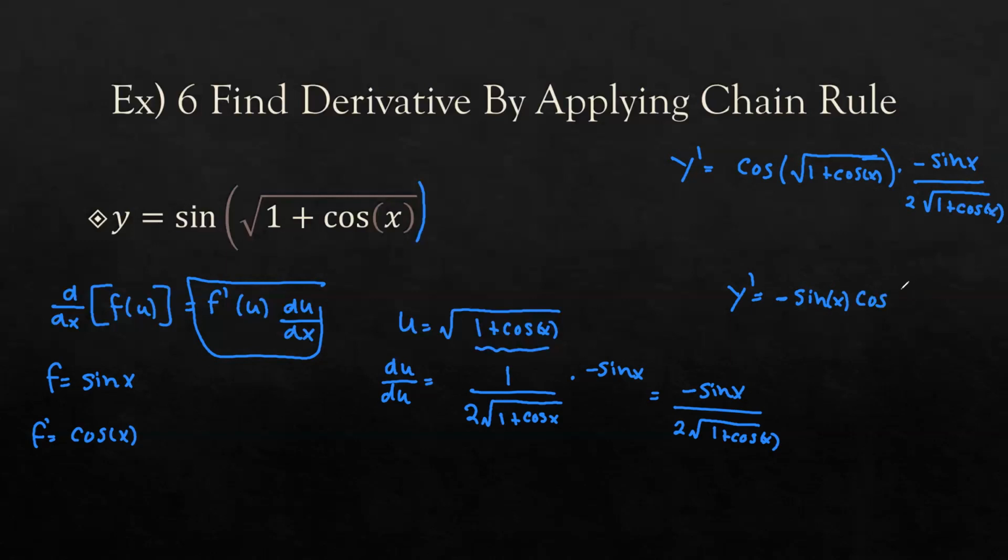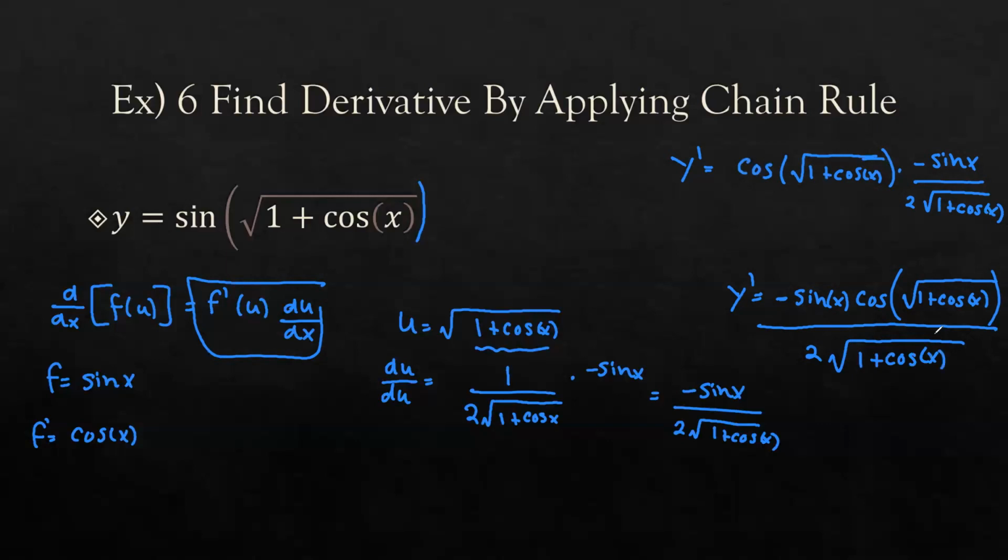So your final answer will be y prime equals negative sine x cosine, parentheses, square root of 1 plus cosine of x, and then it's all over 2 square root of 1 plus cosine x.